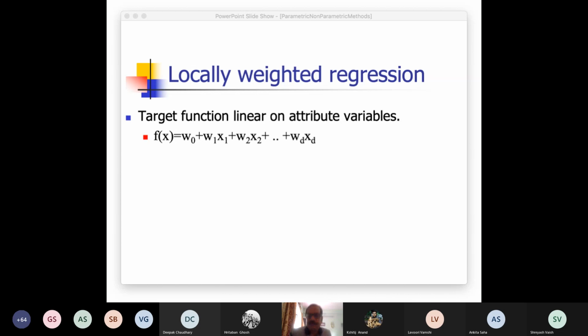So was there any response? So Rahul Kumar, can you answer this question? Probably Rahul is not there. Ritoban? I don't find Ritoban also there. Deepak?